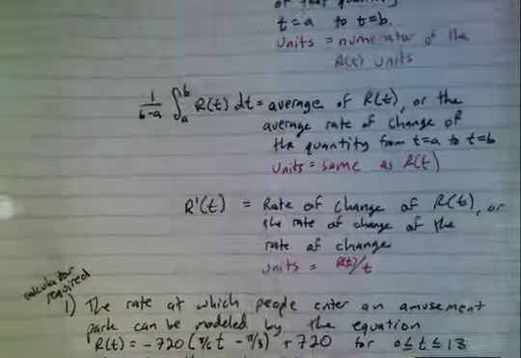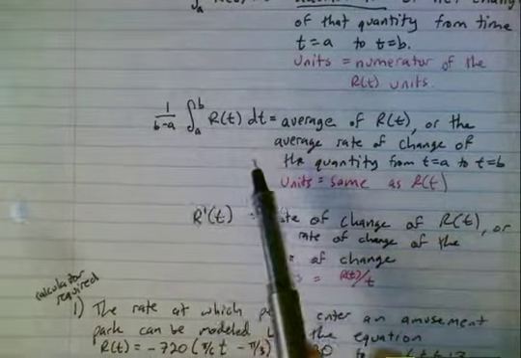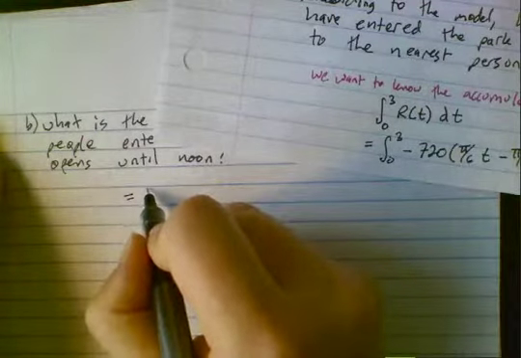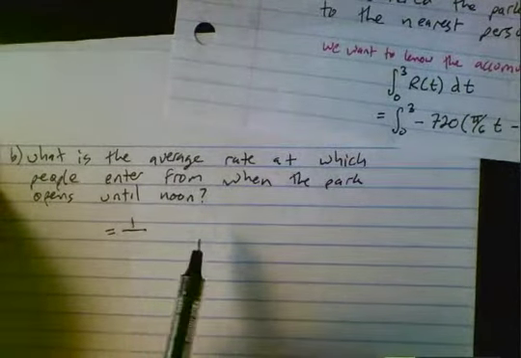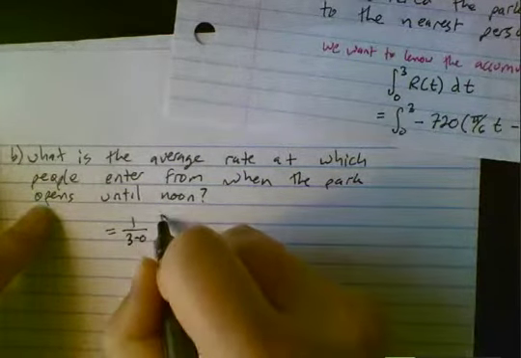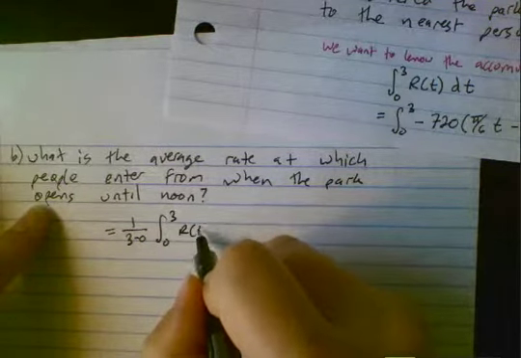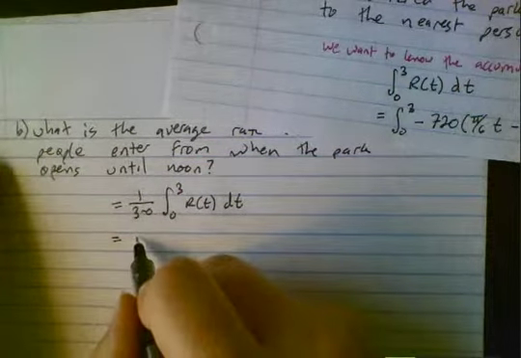Okay, so remember average value. That's 1 over, subtract the bounds. Let's see, from when the park opens, we said t equals 0 till noon. That was t equals 3. So that was that same equation again.